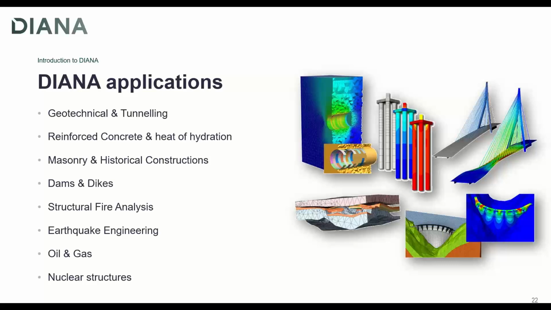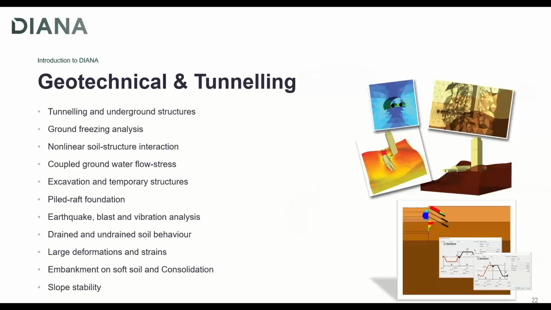Let's go through some of the main applications that are listed on these slides, and we start with geotechnical and tunneling. We have very good integrated solutions for all types of geotechnical and tunneling applications. So you can use the integrated environment of Diana for any types of tunneling and underground structures.